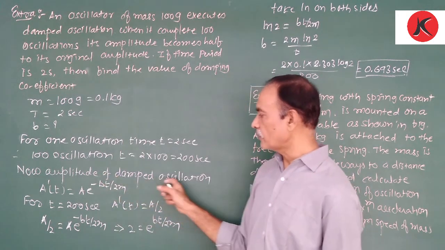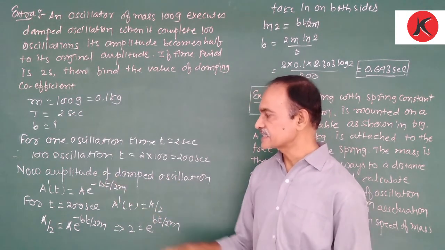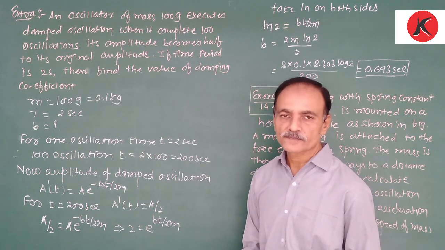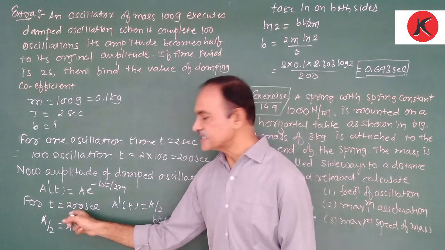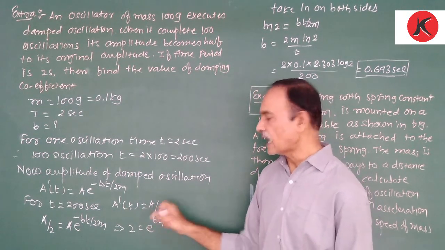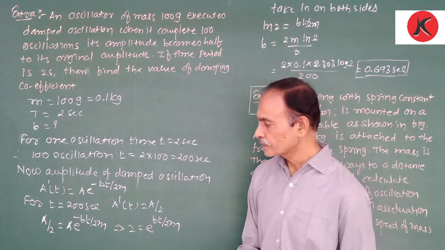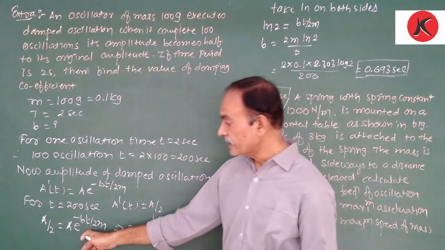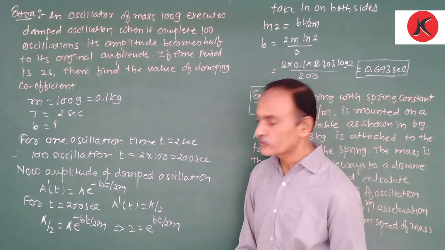Now, the amplitude of damped oscillation, A'(t) is equal to A e to the power minus bt upon 2m. At t equal to 200 seconds, the amplitude A'(t) becomes half of the original value, A by 2. Substituting in this equation, A by 2 is equal to A e to the power minus bt upon 2m.